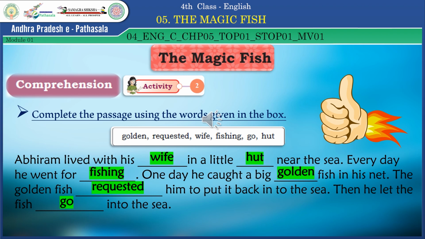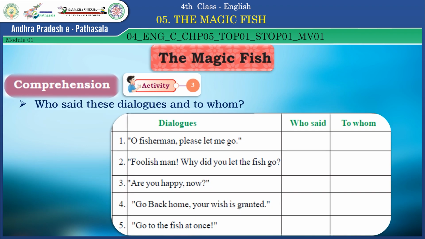Come on, children. Let's memorize the story by doing the comprehension activity. Children, listen these dialogues carefully and answer who said these dialogues to whom. First one. Oh, fisherman, please let me go.